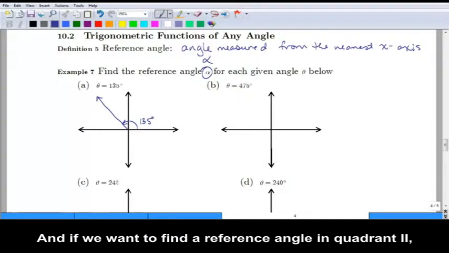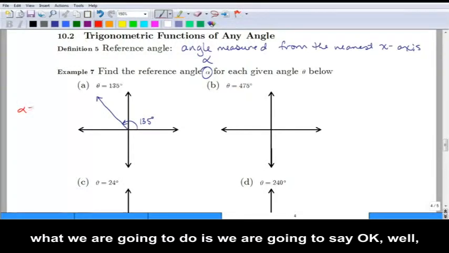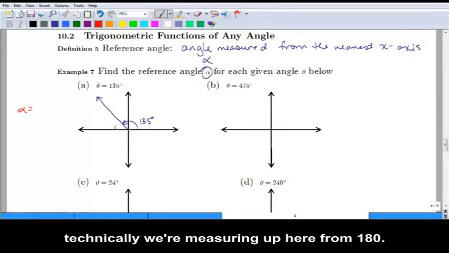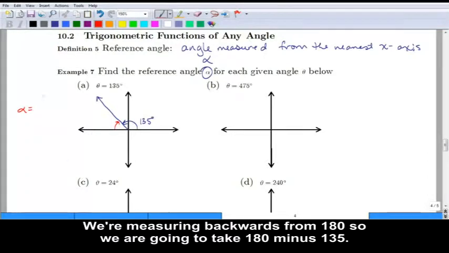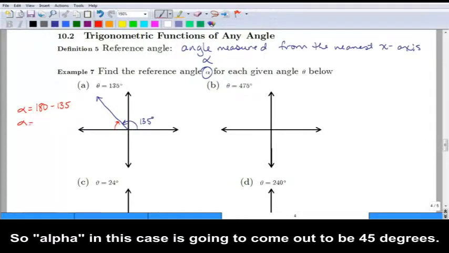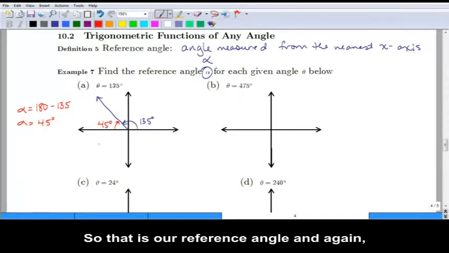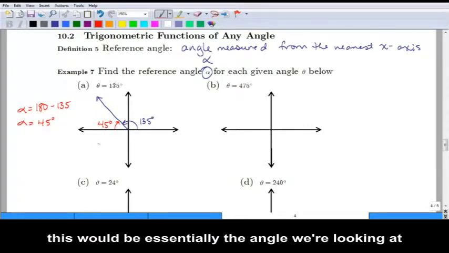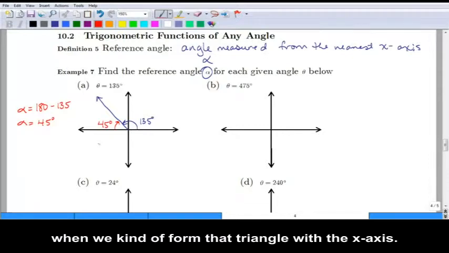If we want to find a reference angle in quadrant 2, technically we're measuring up here from 180. We're measuring backwards from 180. So we are going to take 180 minus 135. So alpha in this case is going to come out to be 45 degrees. So that is our reference angle. And again, this would be essentially the angle we're looking at when we form that triangle with the x-axis.